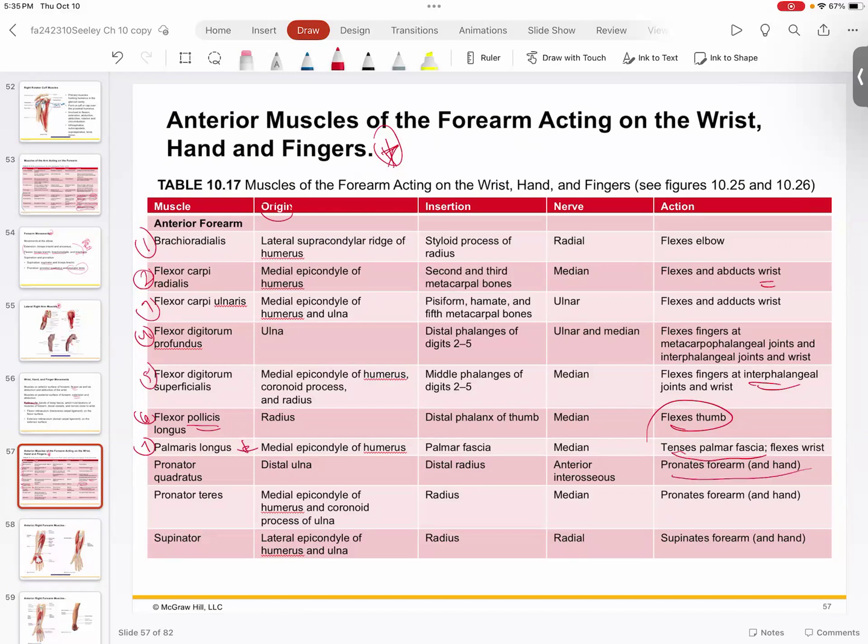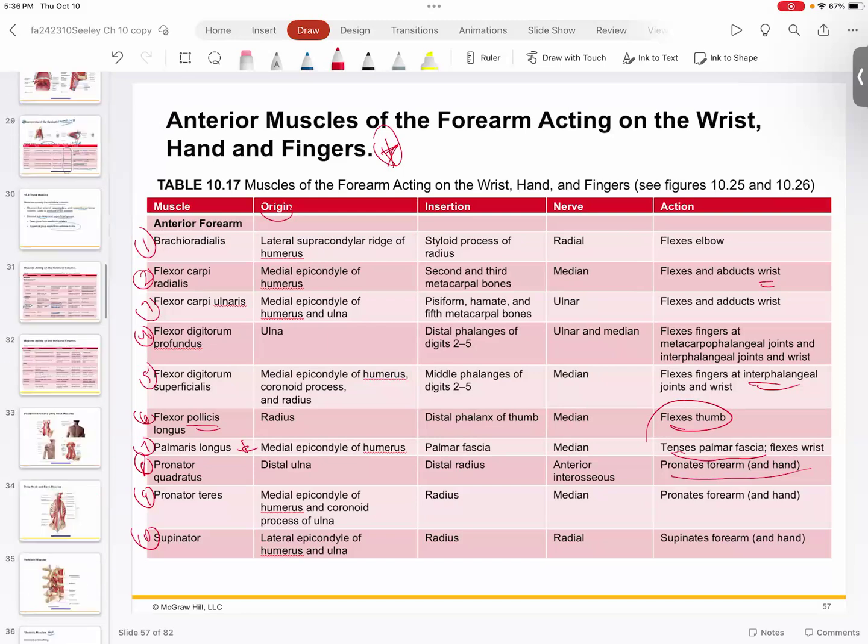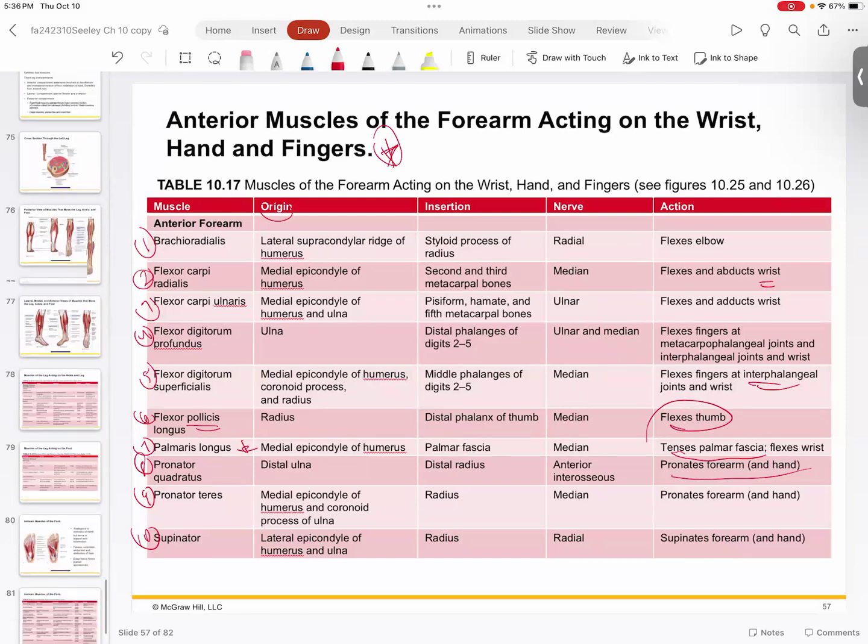Pronator teres is also a forearm pronator, so it turns your wrist face down. And then, of course, the supinator, which we've often run into. This is the antagonist of the pronator teres, as opposed to the pronator of the forearm.